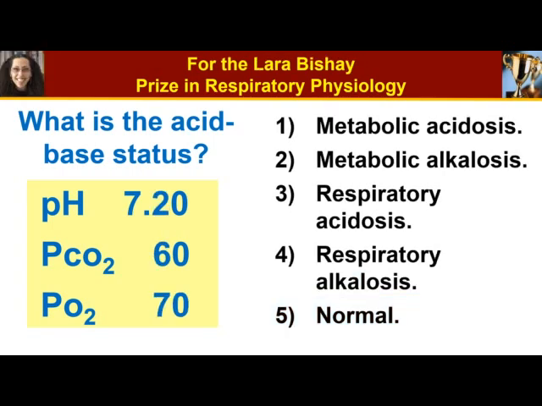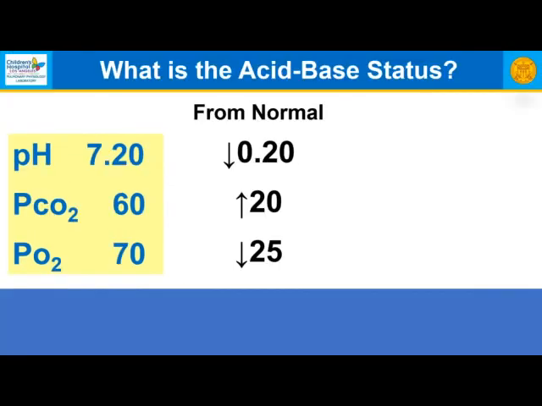All right, now let's get a little bit more complicated. pH of 7.2, PCO2 of 60, all right? Is it a metabolic acidosis or alkalosis, respiratory acidosis or alkalosis, or normal? Just take a minute. All right, so in this case, the pH is decreased 20 hundredths of a pH unit.